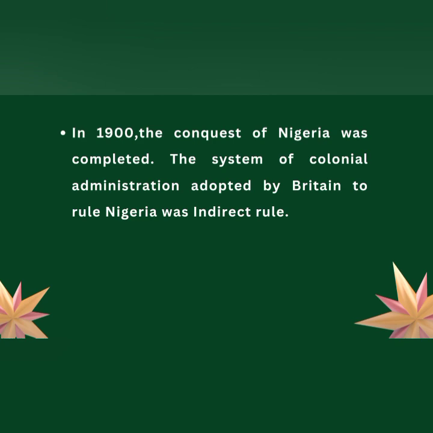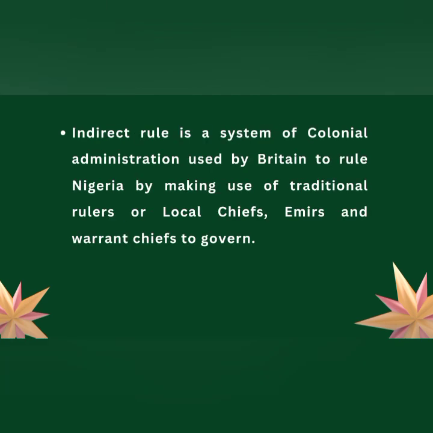So it was after the conquest of Nigeria by the British in 1900 that the British designed a particular measure to pilot or control the affairs of Nigeria. And that particular system of government adopted by the British to rule Nigeria after the conquest was completed in 1900 was the system of indirect rule.